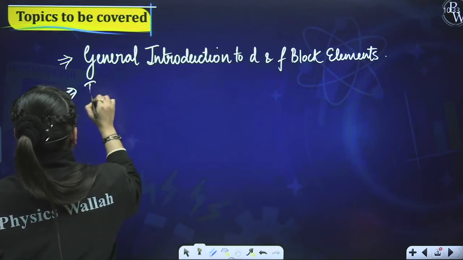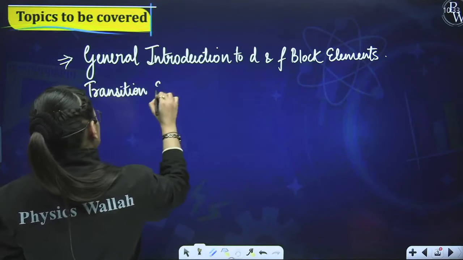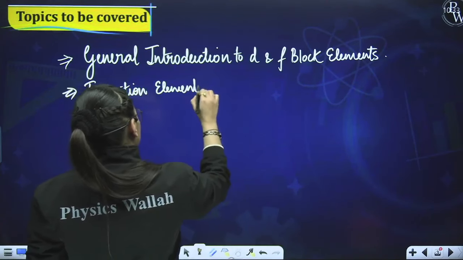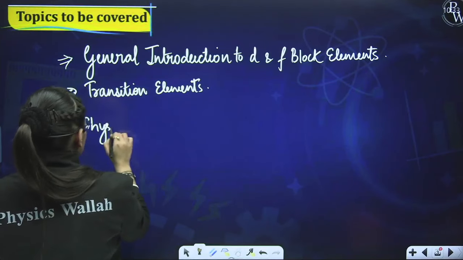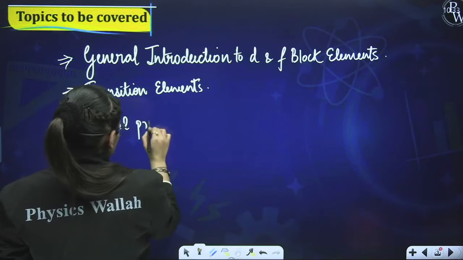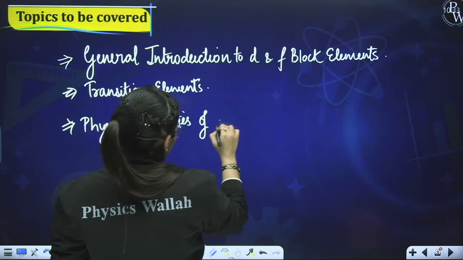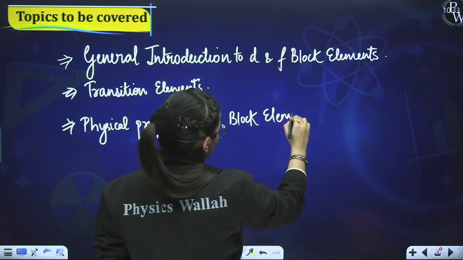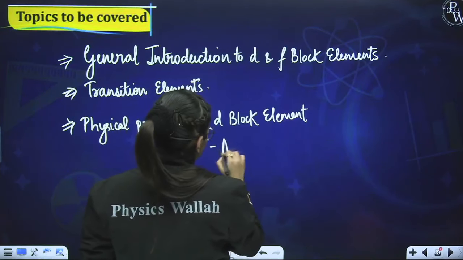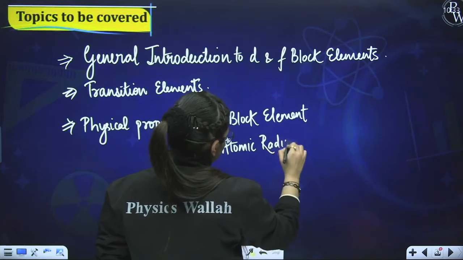We are going to study what transition elements are. Students, we are going to see the physical properties of D block elements. Majorly, we are going to focus on the atomic radii of D block elements in this session.